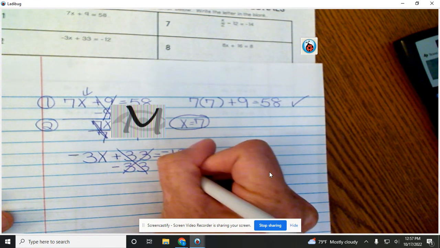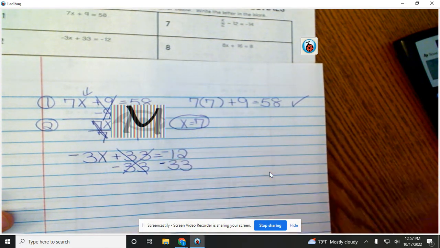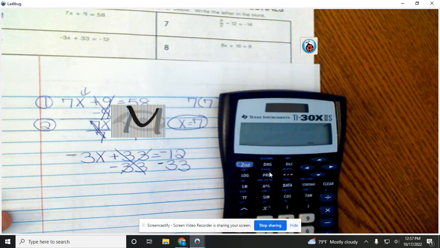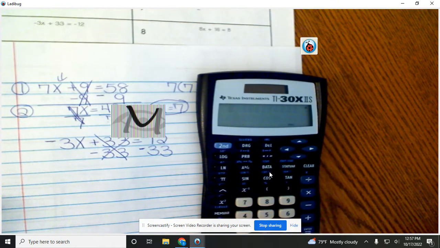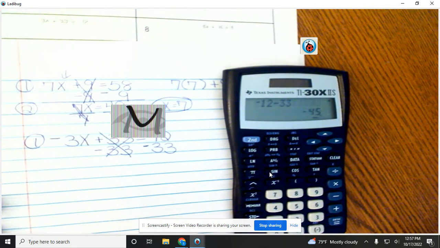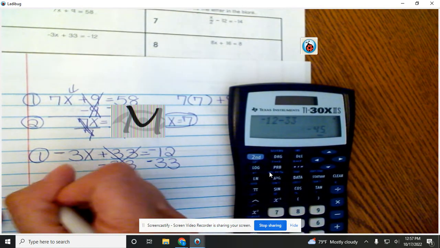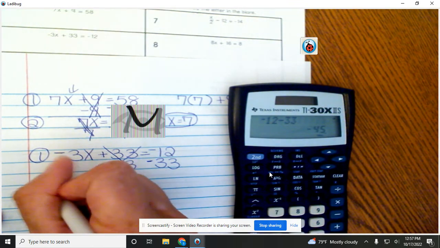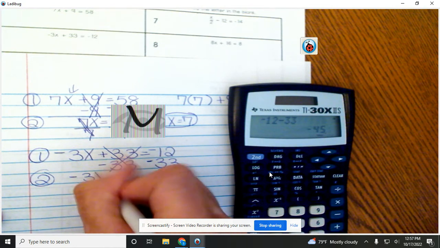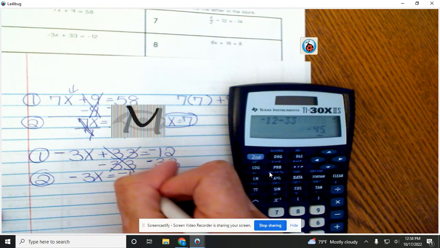If I do it on one side, I have to do it on the other. A common error here is that we're just going to go ahead and subtract or add it together. But let's do negative 12 minus 33, and that gives us negative 45. So here's step one. We're going to go back and rewrite it for step 2. So negative 3x equals negative 45.